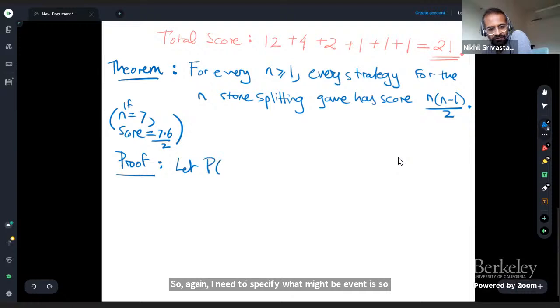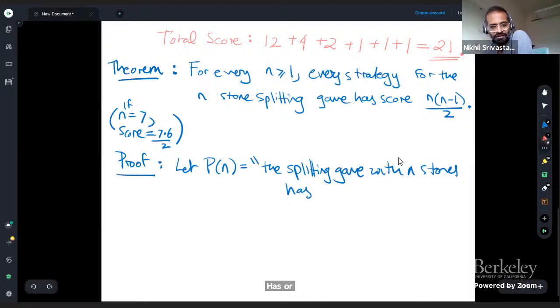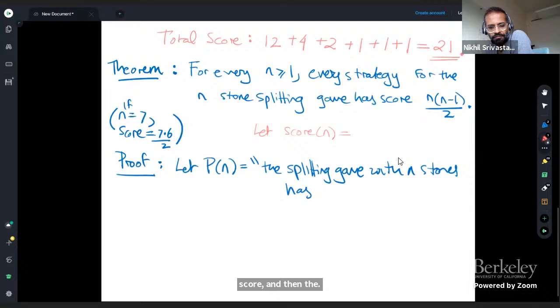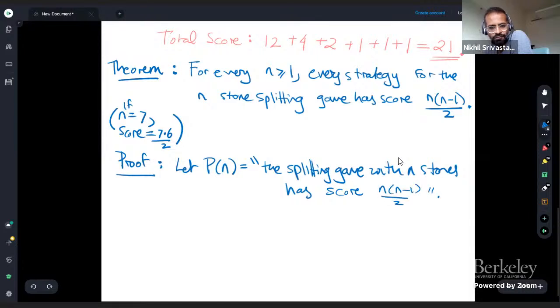So let P of n be the proposition: the splitting game with n stones always has score n times n minus 1 over 2. So let's prove this by induction. Just need to add some more pages.